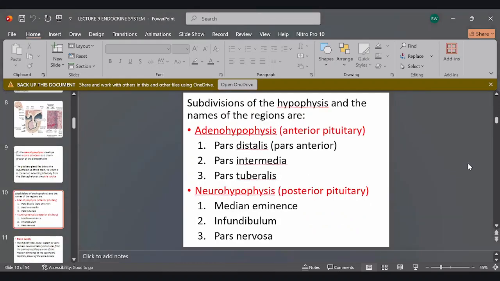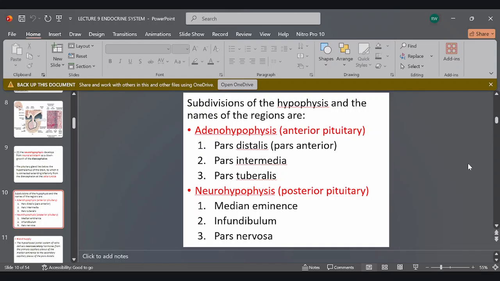Now, we have the subdivisions, the adenohypophysis and the cells that you're able to see within it. The adenohypophysis is the anterior pituitary, and the neurohypophysis is the posterior pituitary. Let us start with the adenohypophysis.